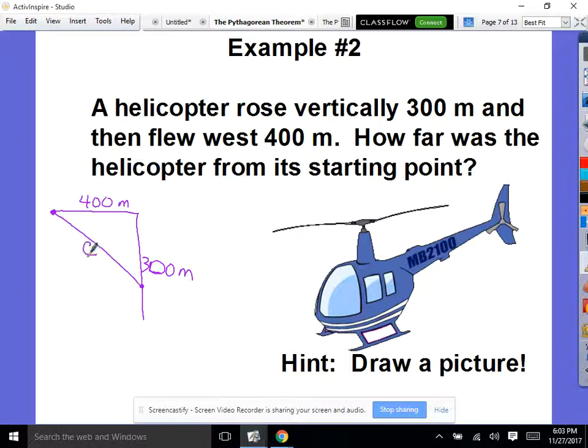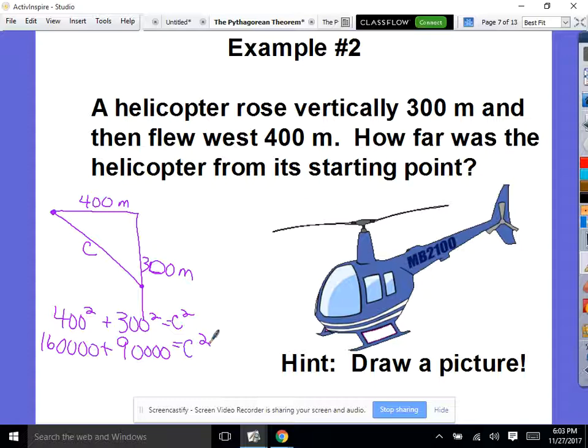So this is actually C. So we have 400 squared plus 300 squared equals C squared. All right, so when you square a number with zeros, you double the zeros. So 4 zeros, and then 4 squared is 16, plus 4 zeros, 3 squared is 9, equals C squared.